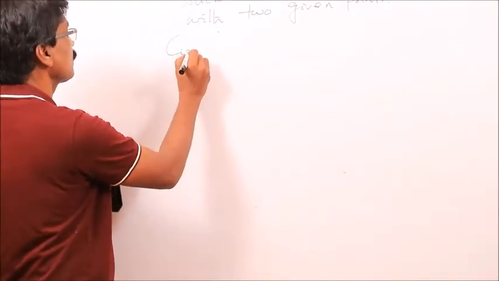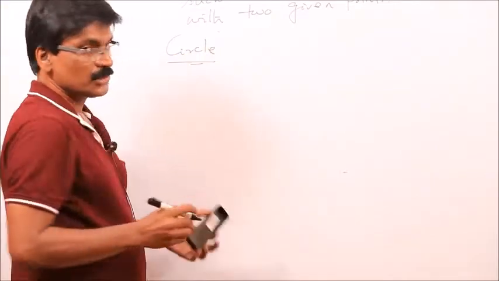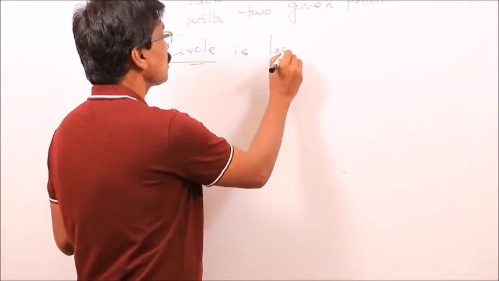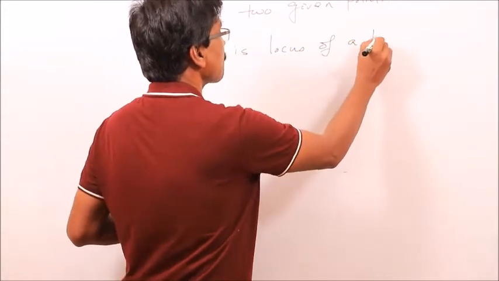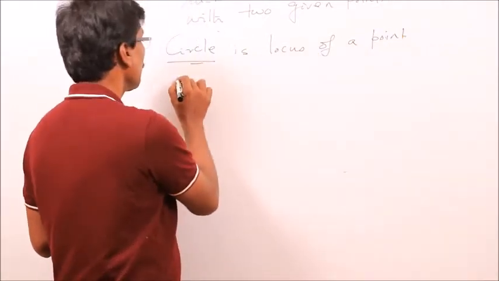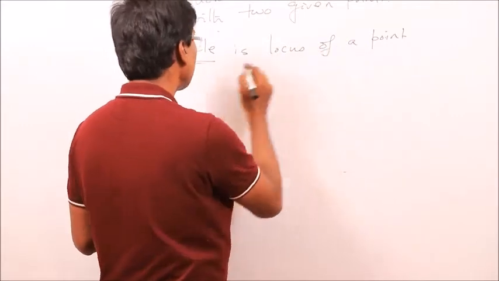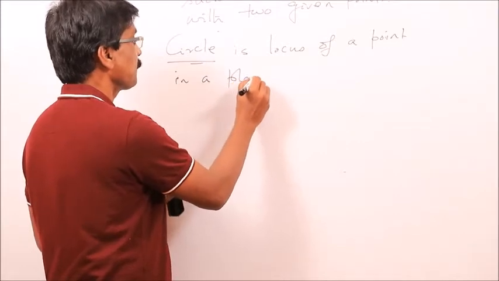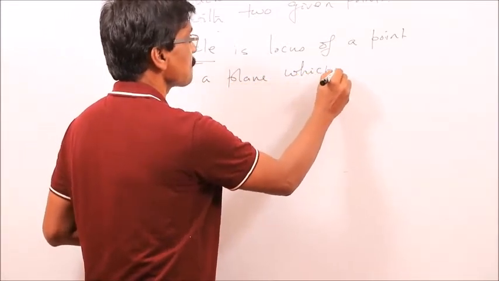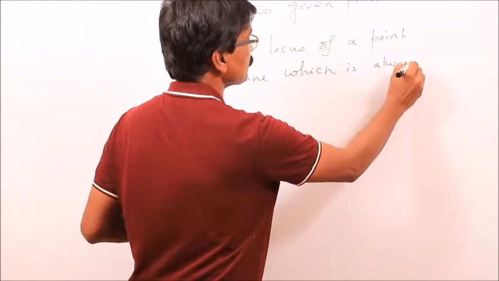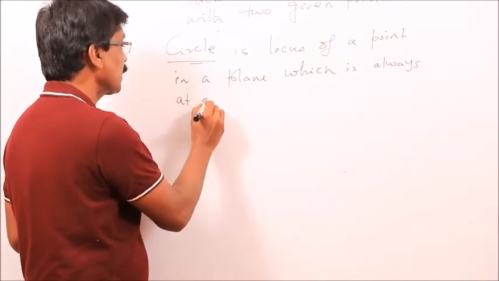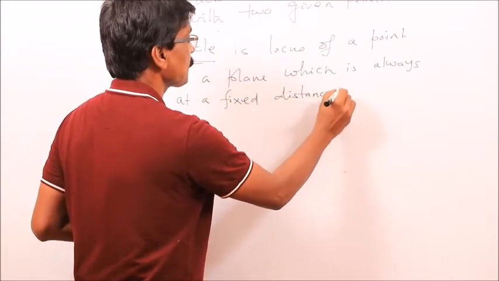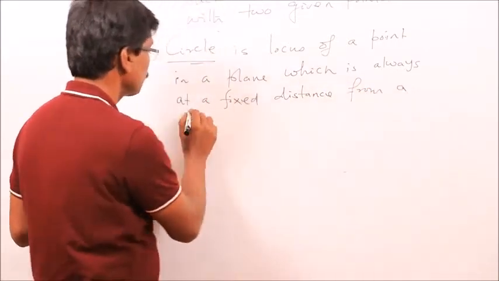A circle is the locus of a point in a plane which is always at a fixed distance from a fixed point.